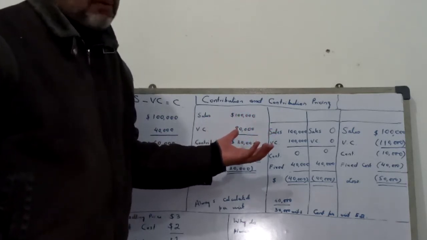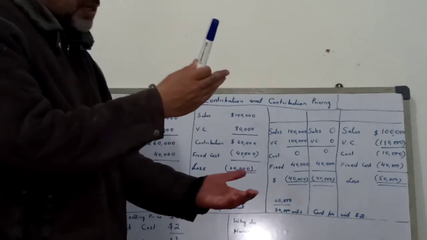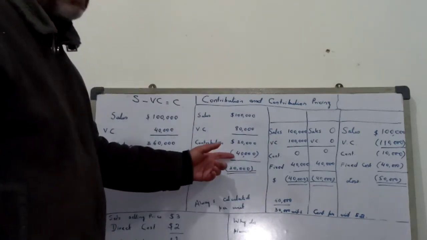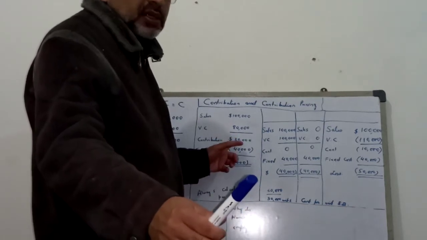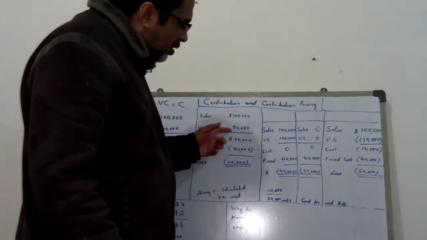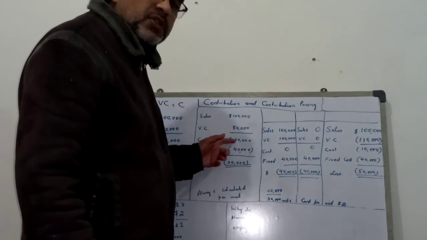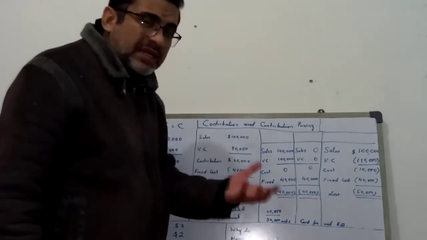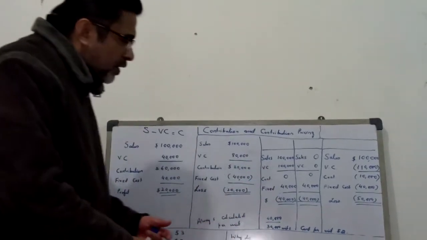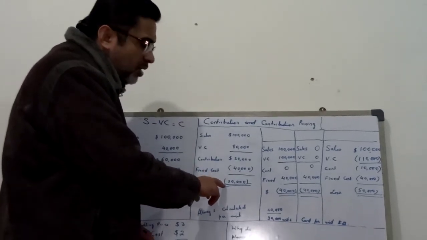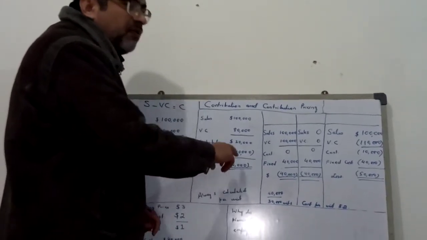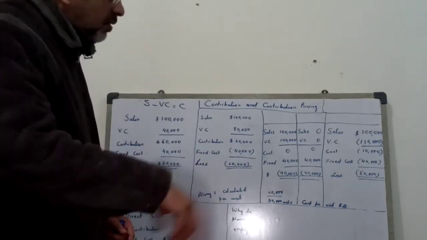It's not related to the level of output. So if I reduce my output to zero, I still have to pay 40,000. Where will I pay the 40,000 from? From my own pocket. Now that's called a loss. But now that I have made goods and they have given me a contribution of 20,000, this 20,000 at least is available to me to reduce my loss by 20,000, and my loss will be reduced to 20,000 instead of 40,000.